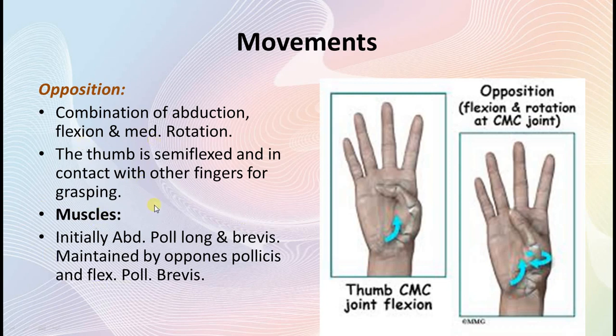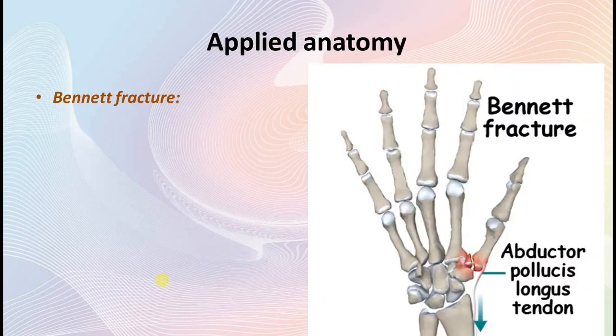So opposition is brought about by abductor pollicis longus and brevis, maintained by opponens pollicis, then flexor pollicis brevis, and finally flexor pollicis longus along with abductor pollicis longus. So that is about the movements produced at the carpometacarpal joint of the thumb.